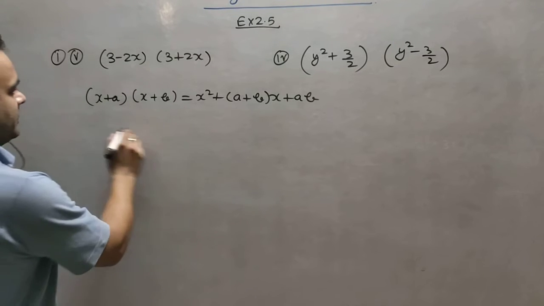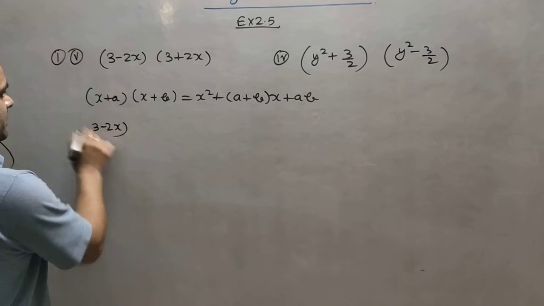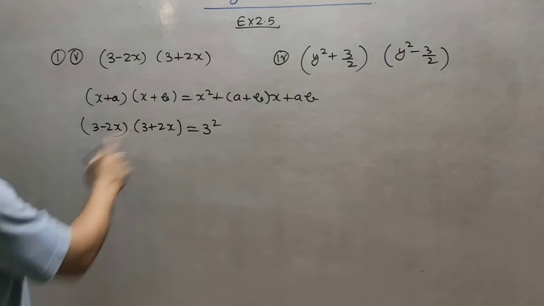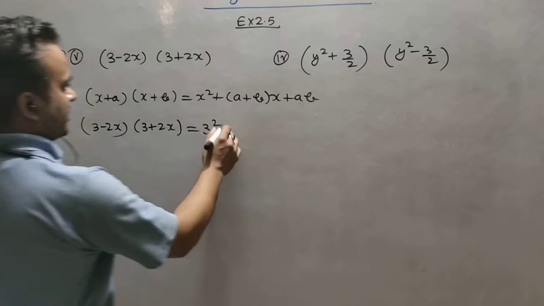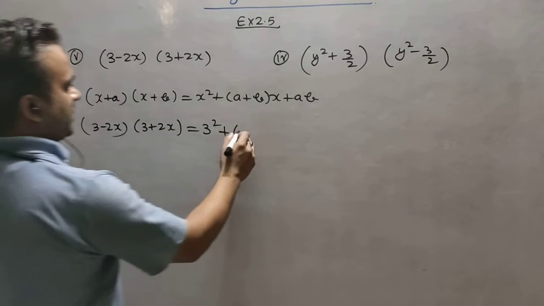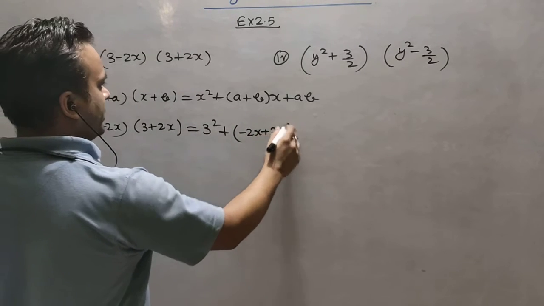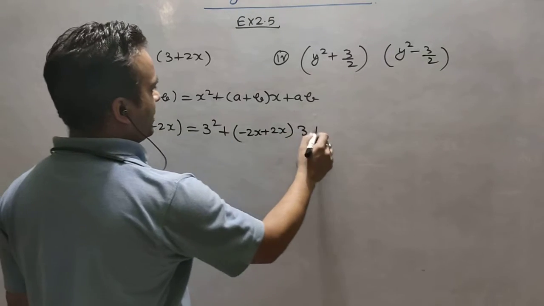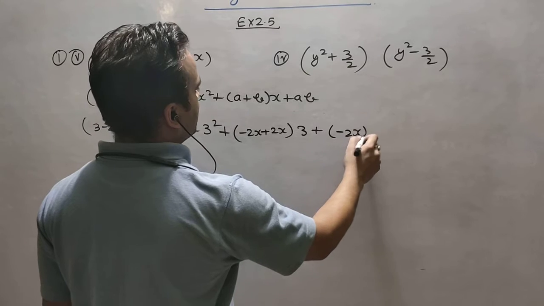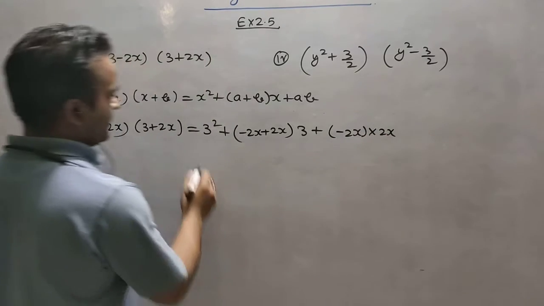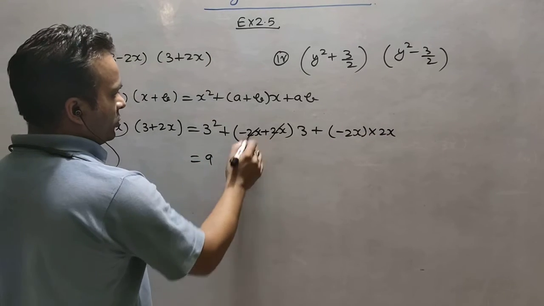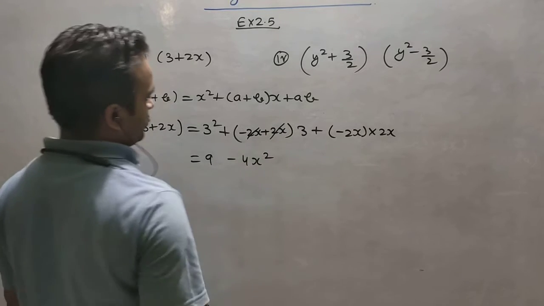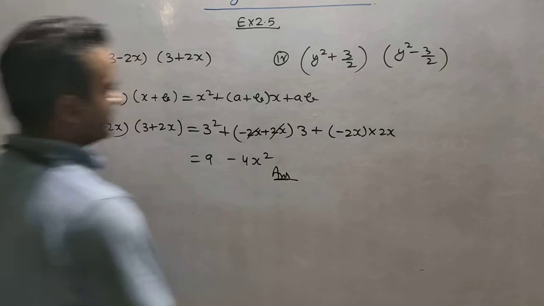So what we will do, the expansion simplification will be in this way. First of all, square of 3, because 3 is working as x, plus minus 2x plus 2x, and x is 3, and it is minus 2x into 2x. So it is 9, the middle term is 0. Now minus 4x square, and this is the answer.